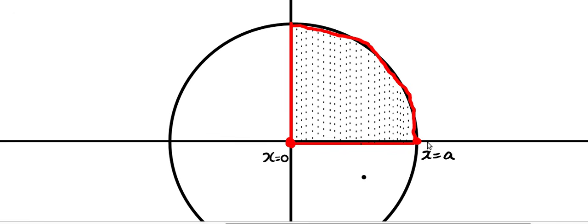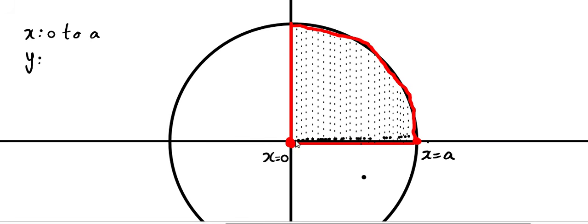With this, we will be able to write the limits very easily. Clearly, x varies from 0 to a. That means I am considering all the points from x equal to 0 to x equal to a. Now I told you the height is decreasing.